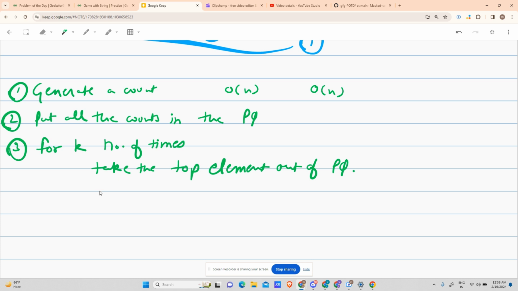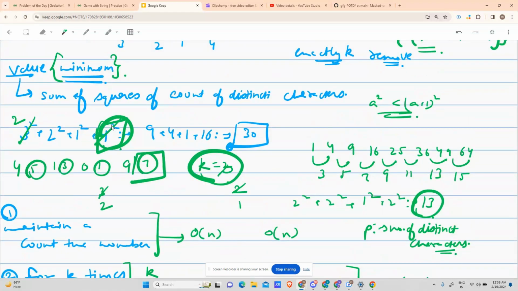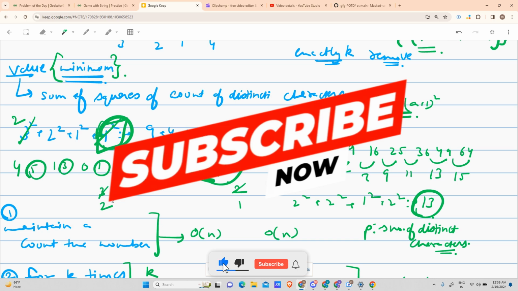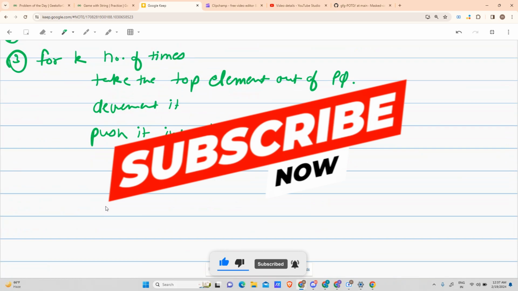After that, decrement it, because we are removing, so we have to decrement the count. Then push it into the priority queue again. Why push it? Because as we saw in the dry run, when 4 was decreased to 3, 3 was again considered for removal, then only it became 2. So we have to consider it again, so we are moving it back into the priority queue.